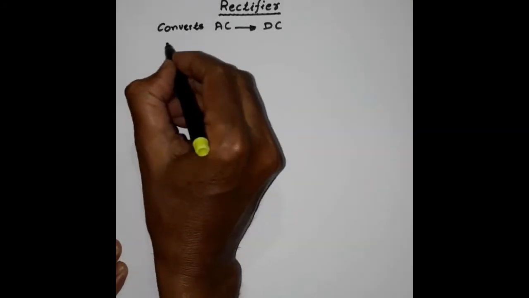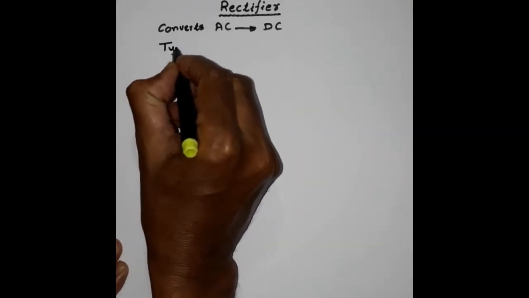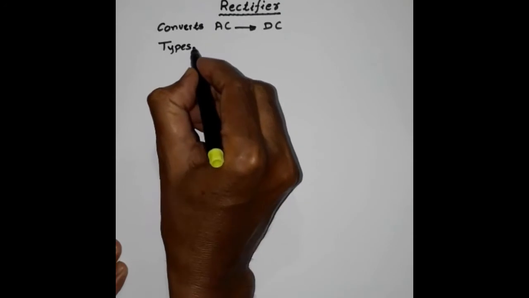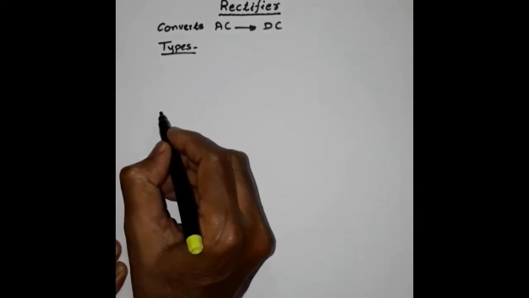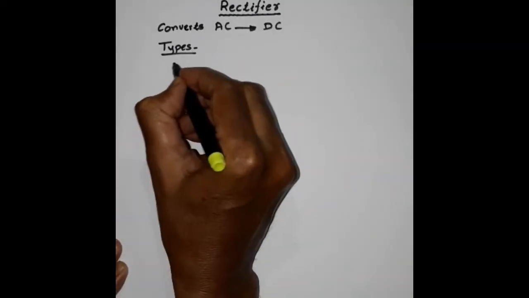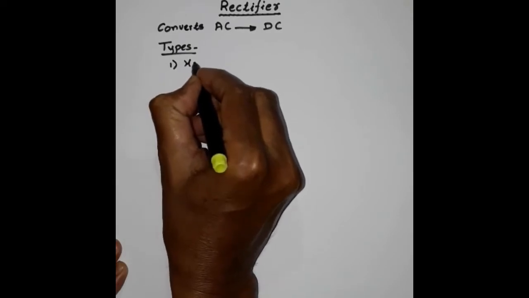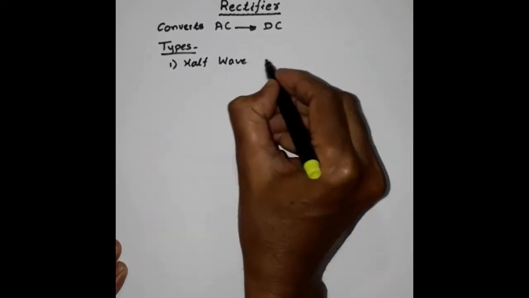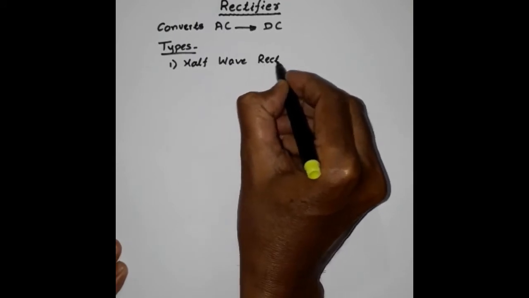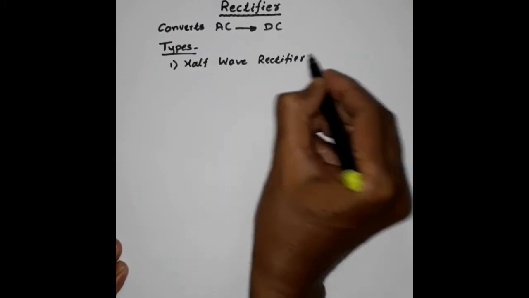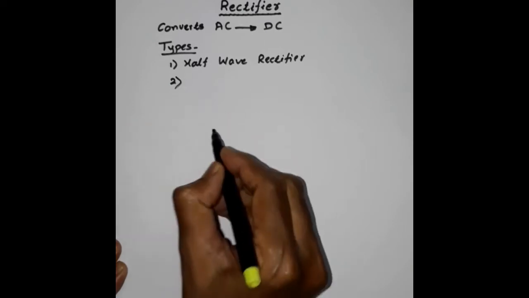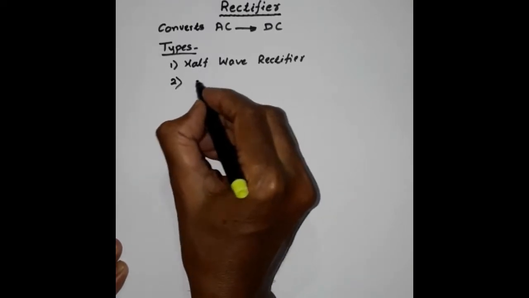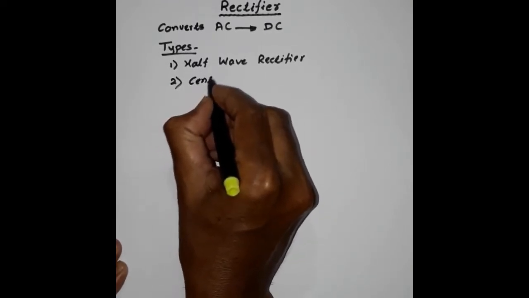There are three types of rectifiers. First, half-wave rectifier. Second, center tap full wave rectifier.